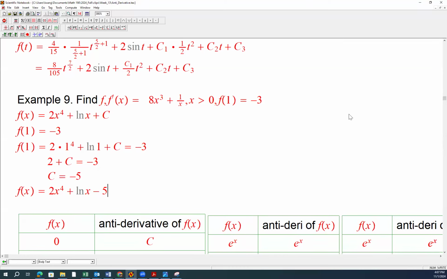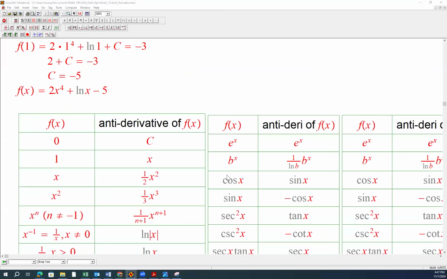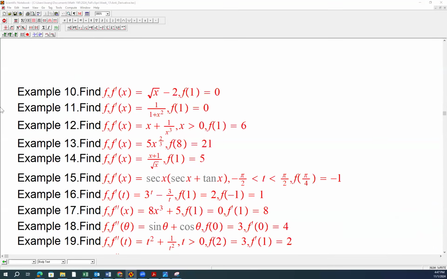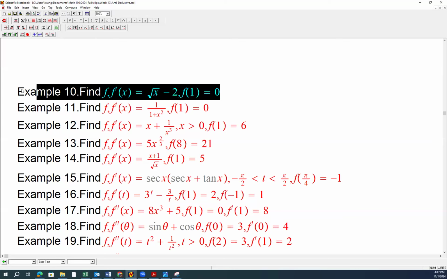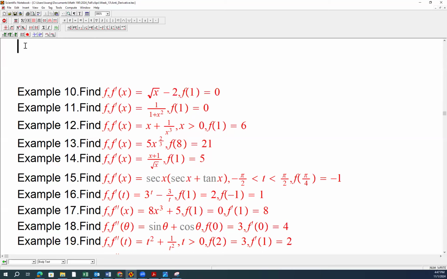Okay, so let's continue on to number 10. Number 10 actually is pretty straightforward. I think I'm going to skip some of these examples.